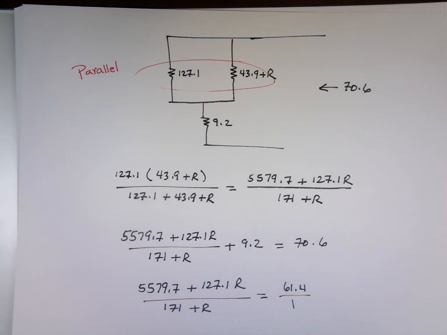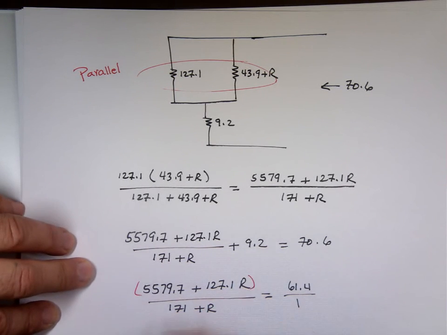When you have a fraction on the left, fraction on the right, the easiest way is what? Cross multiply. This times this should equal this times that.